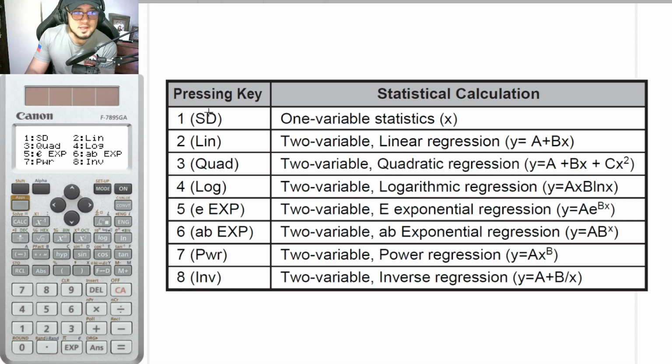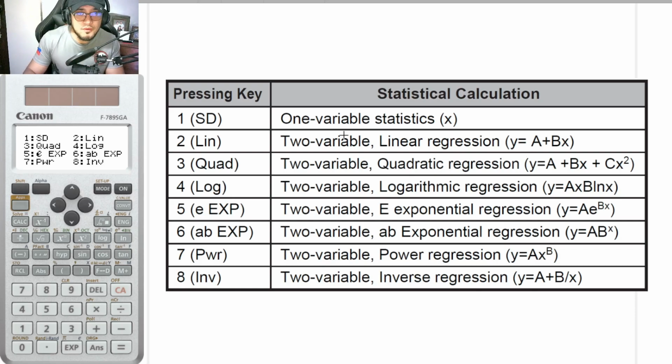The first one is SD, as you can see on our calculator. The second is linear, the third is quadratic, the fourth is logarithmic, etc. We are not particular about which one to use, we will just use any 2-variable mode to maximize the potential. We can use linear regression or quadratic regression, since we will not be going into the regression part. We will just manipulate its basic parts.